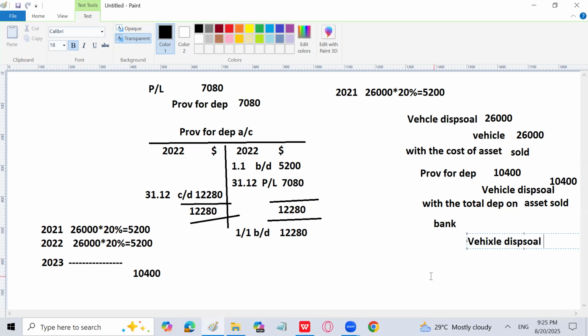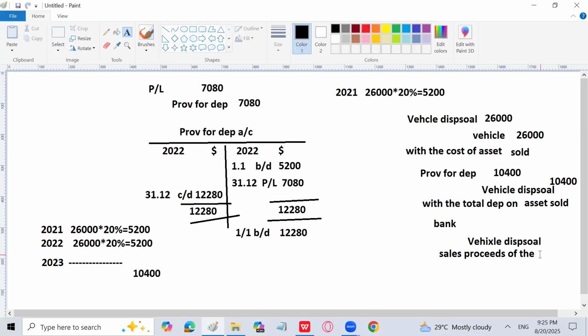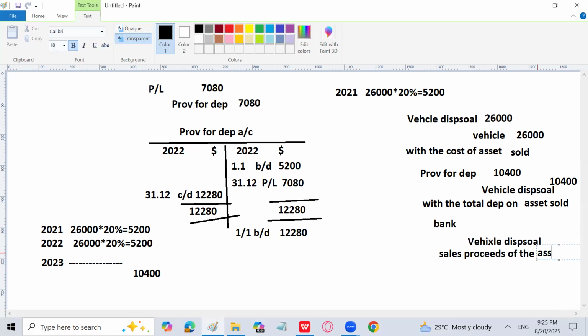So bank debit and vehicle disposal credit, and I will pass this entry with the sale proceeds of the asset sold. Problem is this, that we don't have the sale proceeds available. It is not available with us, right? Because we don't know the sale proceeds.